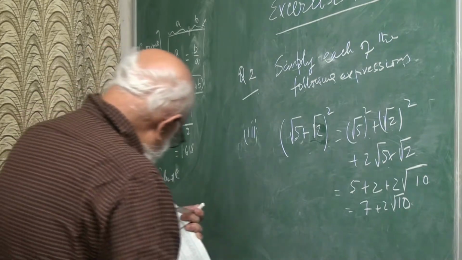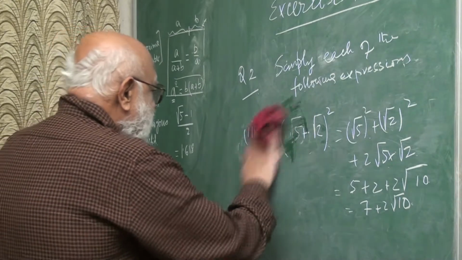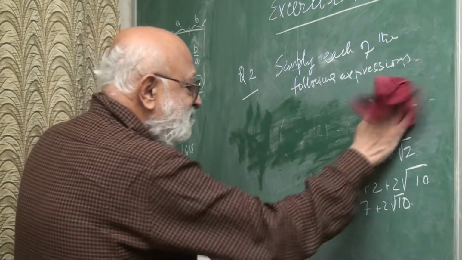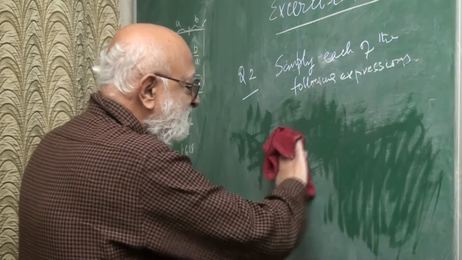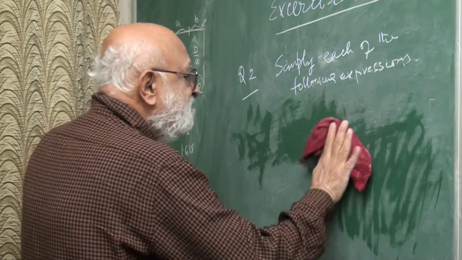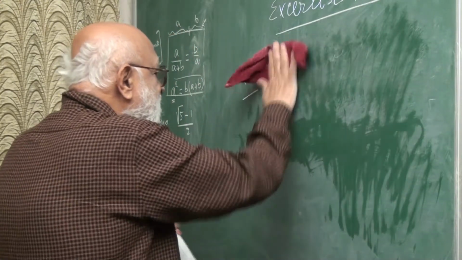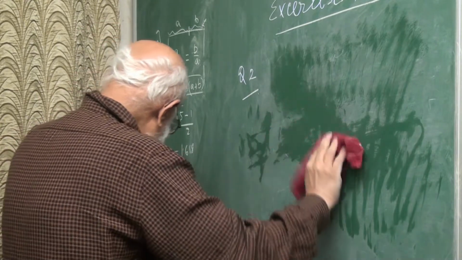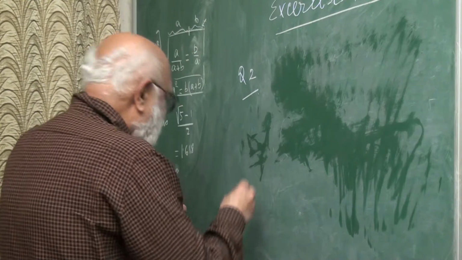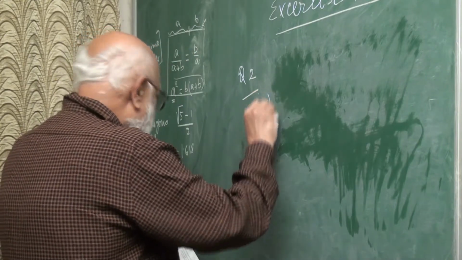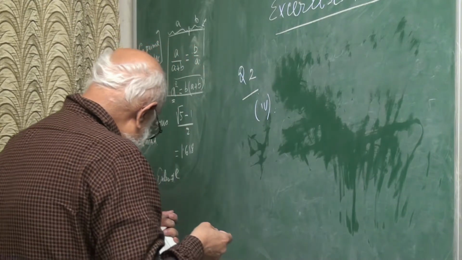Okay, then we can go for the fourth one, which is very simple. Again, we have done a similar kind of thing earlier, which is the same thing as question number 2.